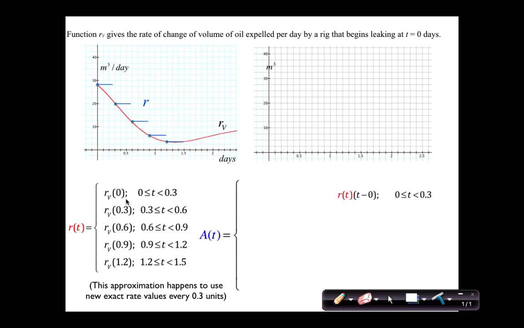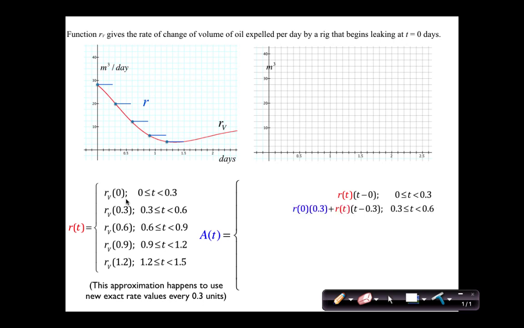If I want to talk about the second interval, remember we needed that endpoint from the first interval. So we need the result of having used this first rate, r sub v of 0, for the full interval of 0.3 units. So that means I'm going to have r sub v of 0 used for 0.3 plus whatever happens during the second interval, y initial plus m dx.